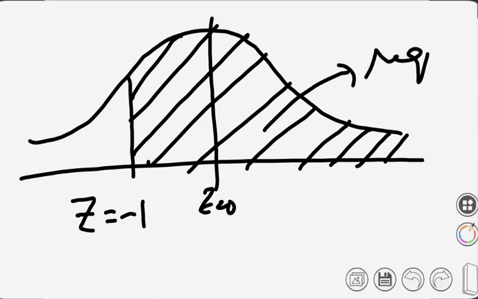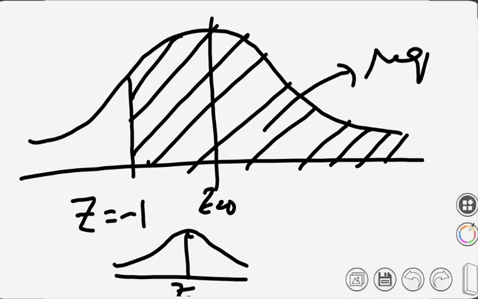Now look at the table that I have provided earlier. In the table, it is given from z equals 0 to z equals 1.